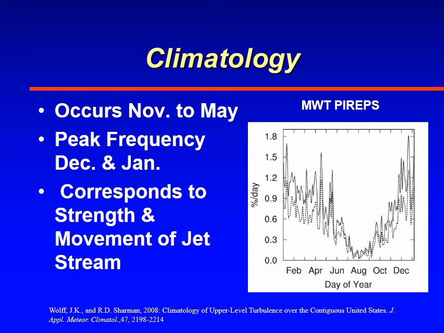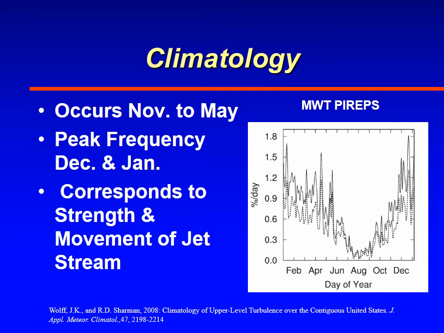Here's the same study. They looked at the time of year that these mountain wave pilot reports occurred. And you can see that you have a pretty high frequency between January to May. It kind of drops off in June, and through July, August, and even into September.